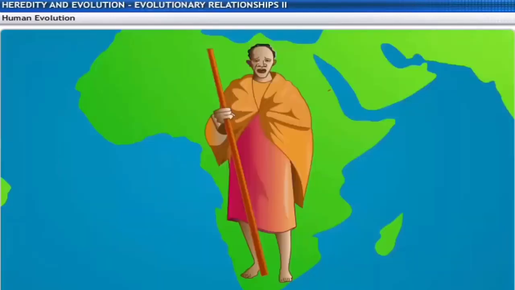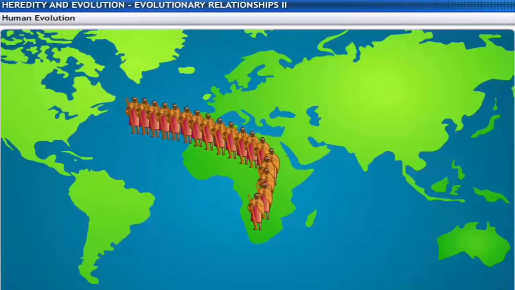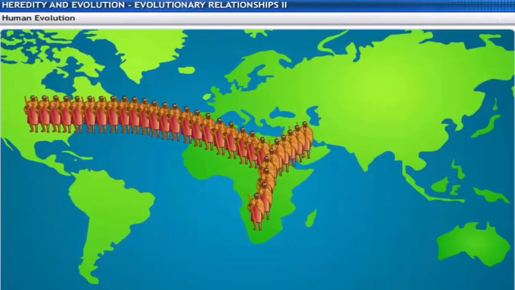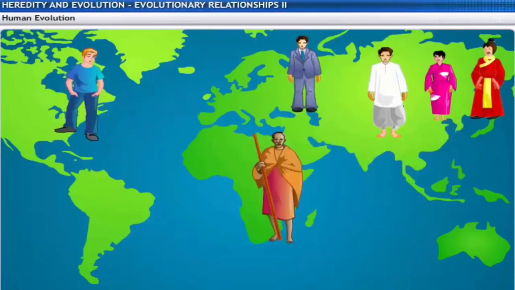The earliest members of the human species, Homo sapiens, are traced to Africa. A couple of 100,000 years ago, some of our ancestors left Africa and slowly spread across the planet. It resulted in stopping the gene flow, and over time it led to the evolution of different races.